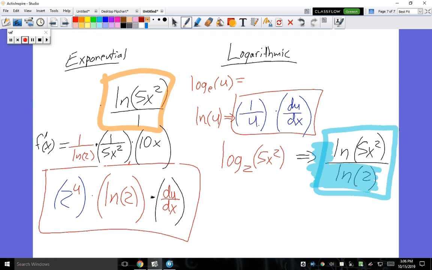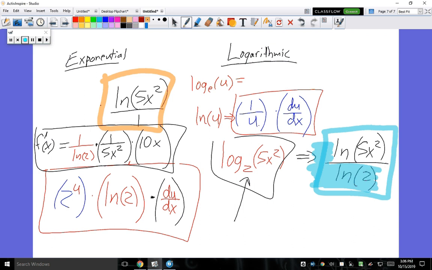But for logs with bases other than e, it could be 10, it could be 2, it could be 8, you're going to have this rule: 1 over the stuff times the derivative of stuff, but times 1 over the natural log of the base. Otherwise, constant multiple rule it out. And instead of memorizing one more rule, I just keep it the same as natural logarithmic, but factor out that constant multiple.